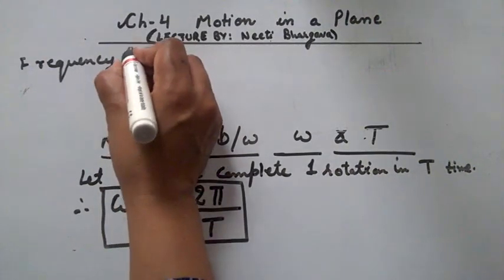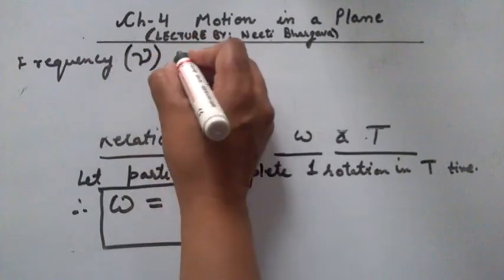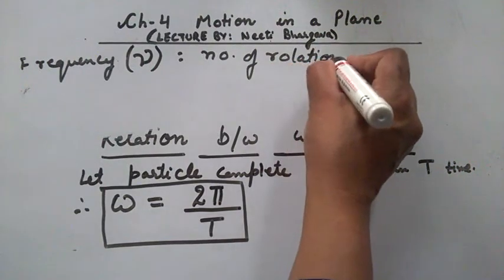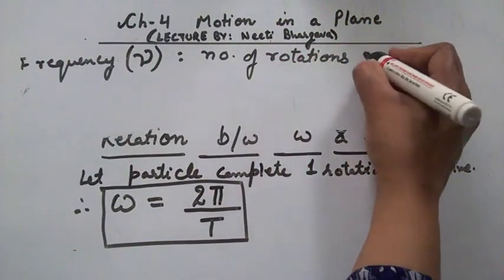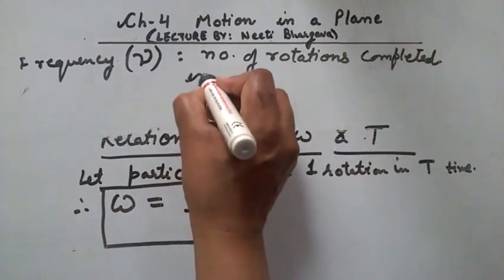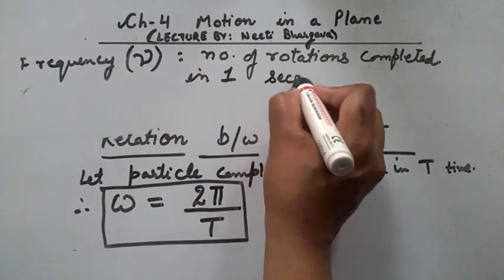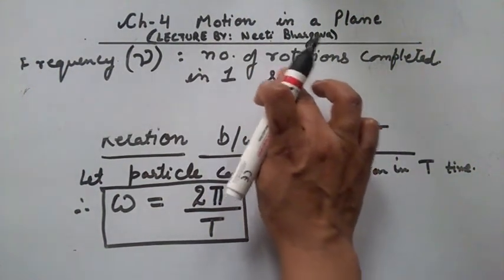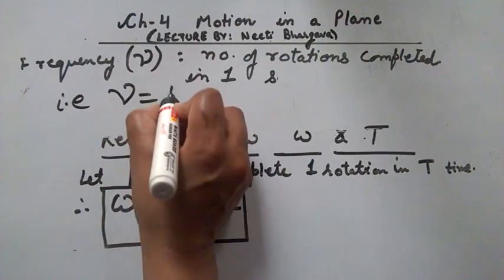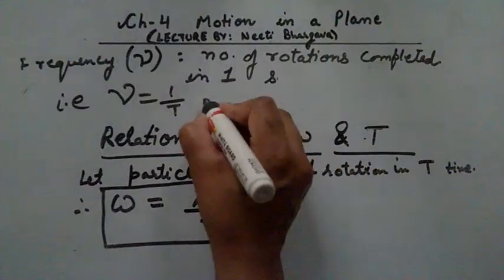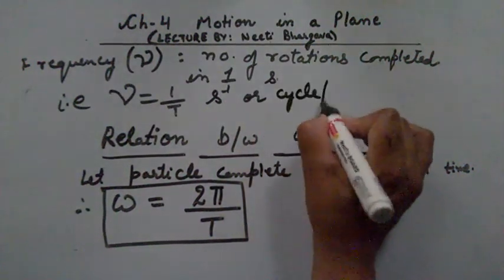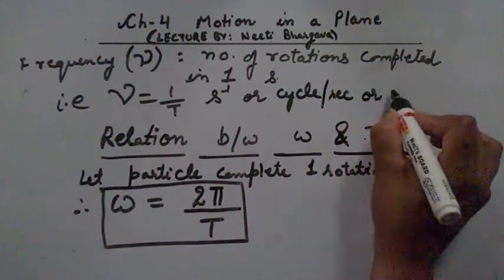Frequency is denoted by nu, and it is given by 1 by T. Its unit is per second or cycle per second or hertz.